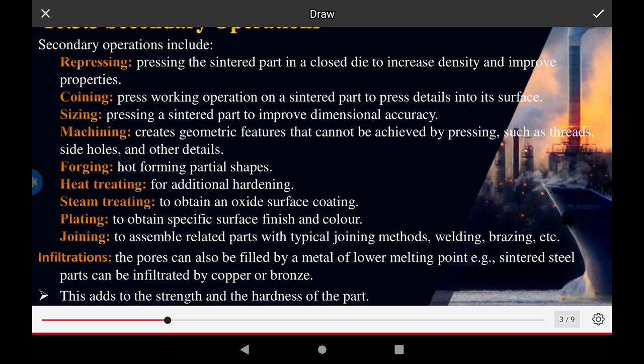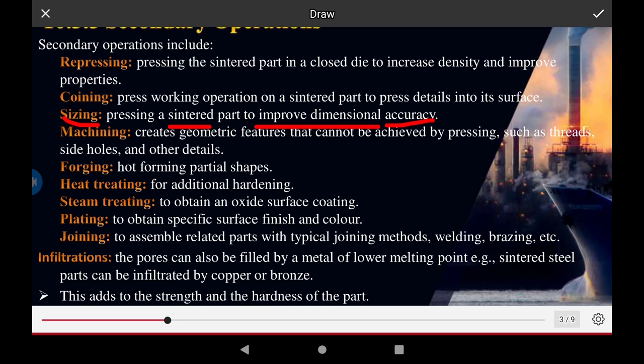And sizing: this is the operation of pressing the sintered part to improve the dimensional accuracy.